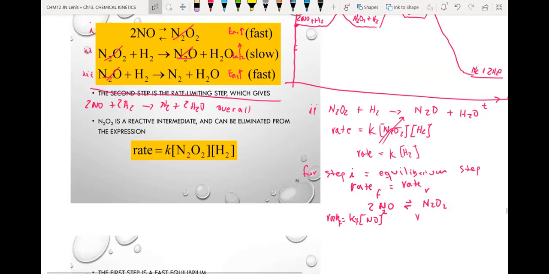Now, the rate for the reverse reaction is going to have rate constant for the reverse reaction times, going from here to there, the concentration of N2O2.